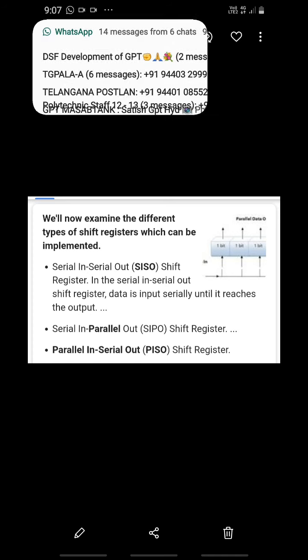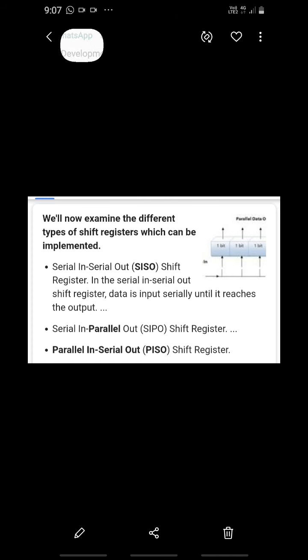Serial in, serial out shift register. In this case, all the bits are loaded in and shifted out bit by bit or serially. It may be noted that each bit is moved in and out for each clock pulse.